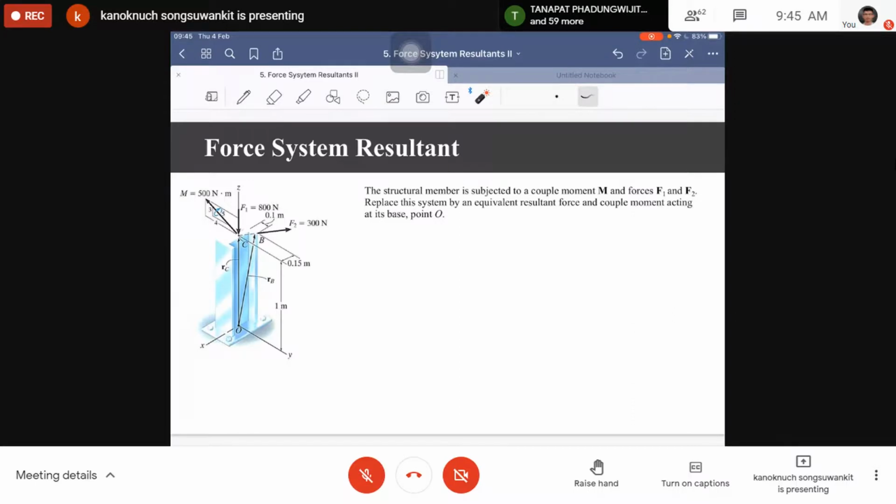So let's try one example. This question wants you to replace this system by an equivalent resultant force and couple moment acting on its base at point O. Two forces are given, F1 and F2, and one couple moment, M, equal to 500 Newton meter.